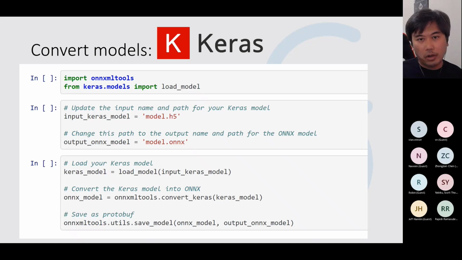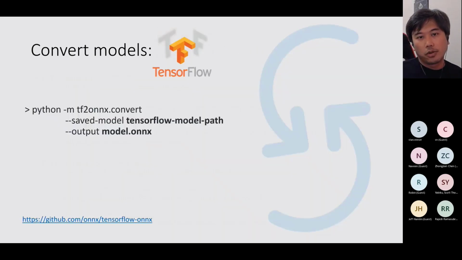Another way is through Keras. It's the simplest one I can find, where you load the Keras model using Keras.model, then convert it to ONNX and save it using the ONNX ML tools. Another way is through TensorFlow. There's a command line that you can use.